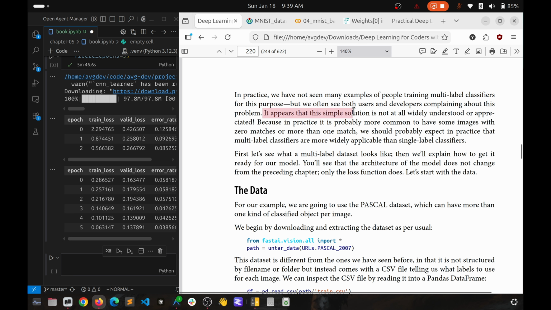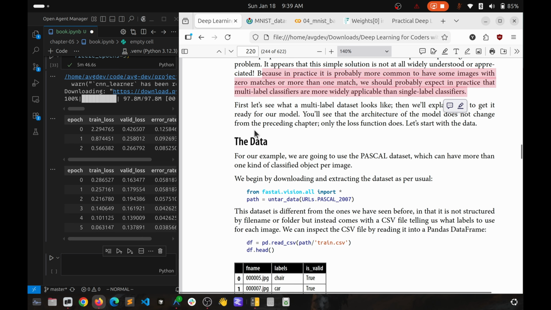It appears that this simple solution is not at all widely understood or appreciated, because in practice it is probably more common to have some images with 0 matches or more than 1 match. We should probably expect in practice that multi-label classifiers are more widely applicable than single label classifiers.